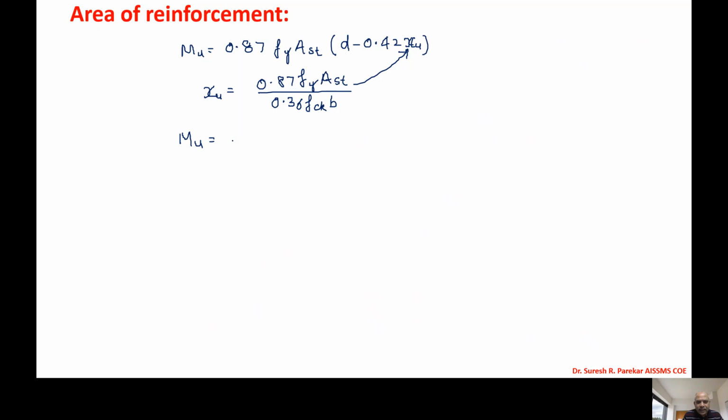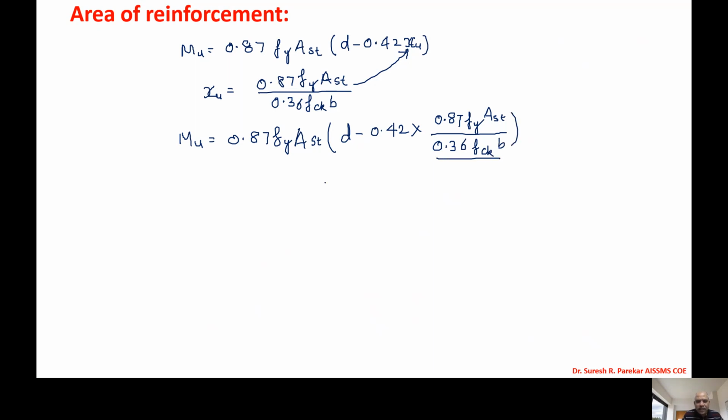Now this value of Xu we will put in this equation. Then we will get Mu is equal to 0.87 fy Ast in bracket d minus 0.42 into 0.87 fy Ast divided by 0.36 fck into b. Now rearrange the terms. So we are taking this as LCM.